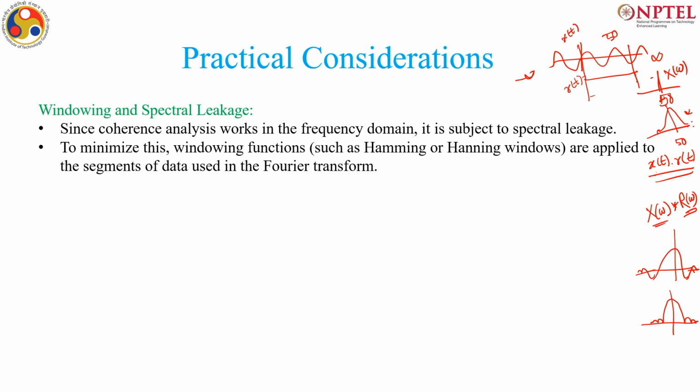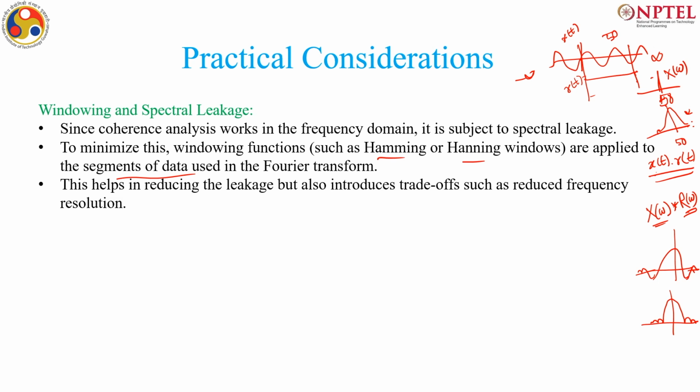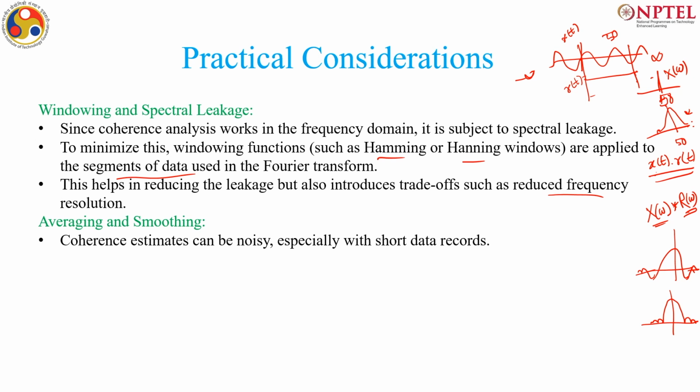To minimize this, instead of a rectangular window, better windows are available like the Hamming window and the Hanning window, and these are applied to segments of the data. But this is also a trade off: how will you have good frequency resolution, and what size of window should you select? Then averaging and smoothing: as I said, the Welch method smooths out noise, but it may also smooth out some frequency information.